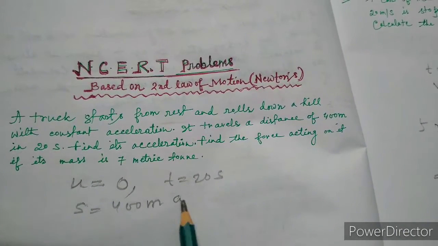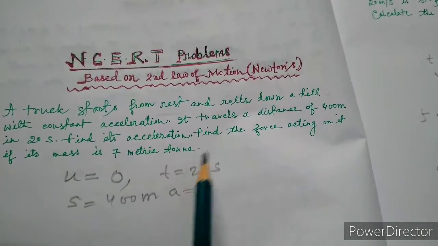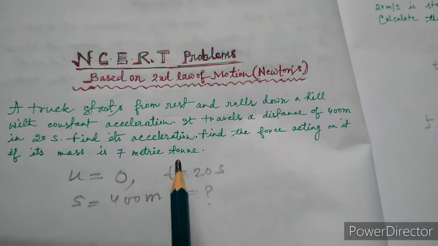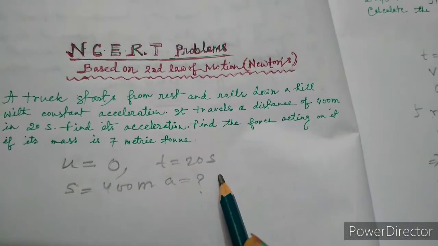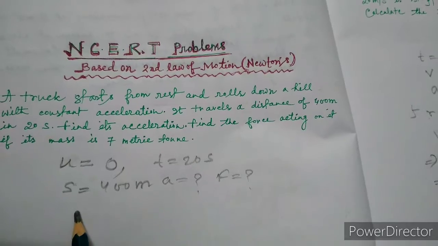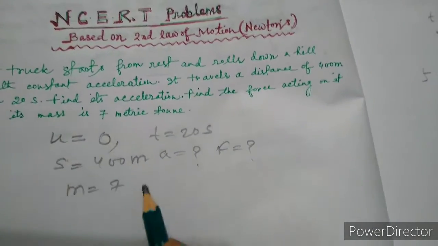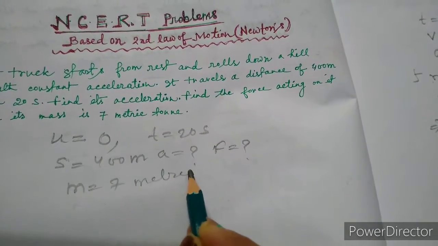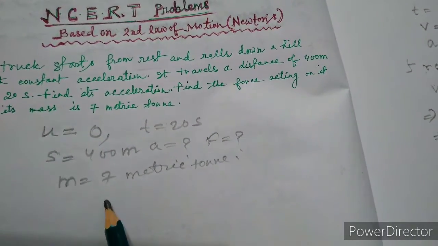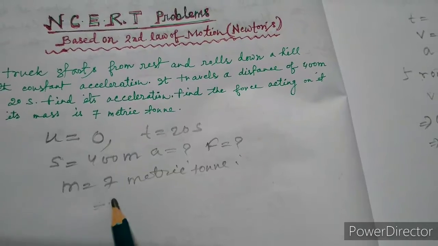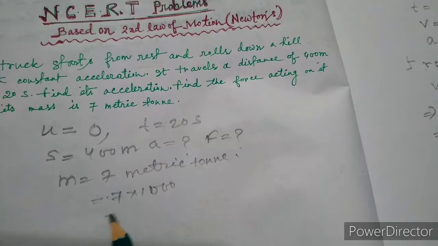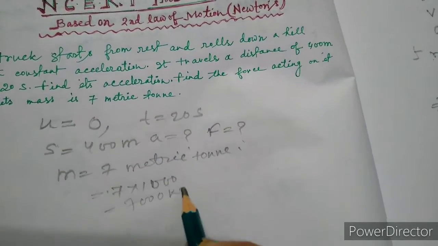It travels, find its acceleration. So you have to find acceleration. Find the force acting on it if its mass is 7 metric ton. Also, you have to find F. Given that mass is equal to 7 metric ton, and you know that 1 metric ton is 1000 kg, so it will be 7000 kg.